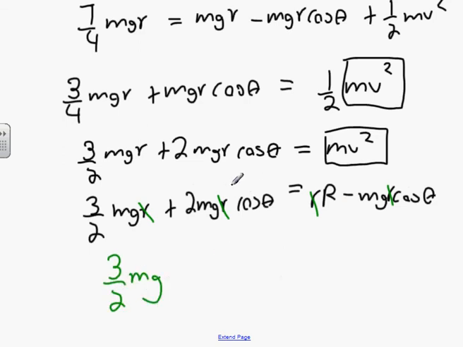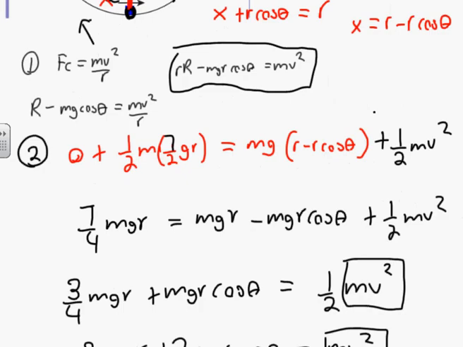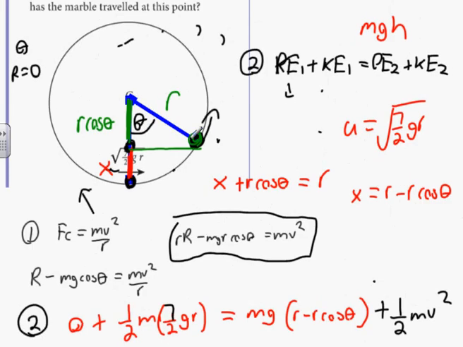I'm going to bring this over the other side actually, and I'm going to get a minus 3 mg cos theta. And then we're going to figure out that this here is R, okay? Now what do we say about R at the point where it leaves? Equals 0.